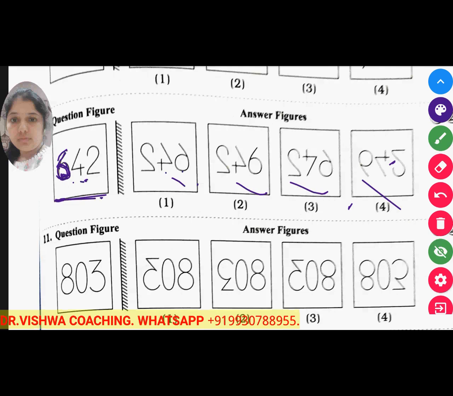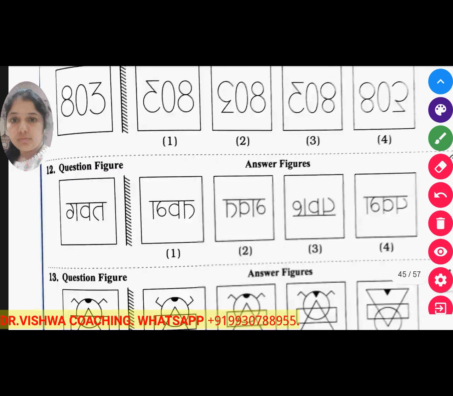So this should be inside the figure near 4 or facing towards left. So option number 2 gets cancelled, only first and third will be valid. Now this 4, it is facing right, it should face left but not go inward. So your correct option is option number 1 only, because in the third figure they had given the water reflection of the 4, not the mirror reflection.